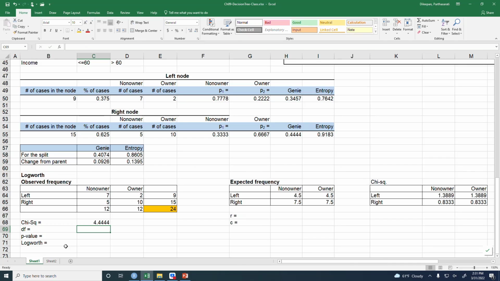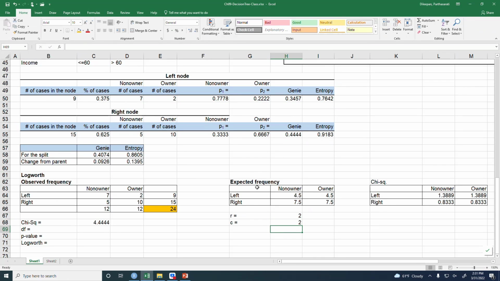Now we need to find the degrees of freedom to be able to get the log worth. So we need the p-value. The degrees of freedom is r minus 1 times c minus 1. Here the number of rows is 2 and the number of columns is 2.